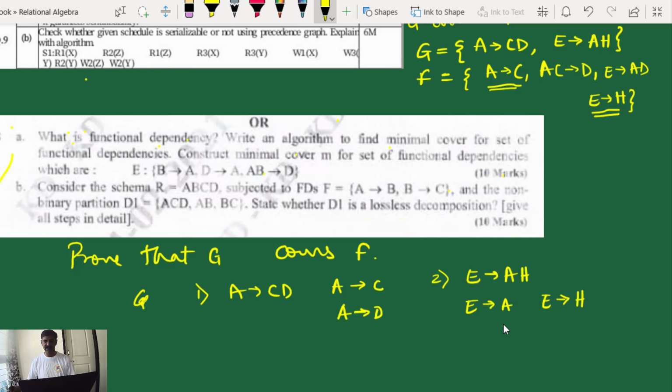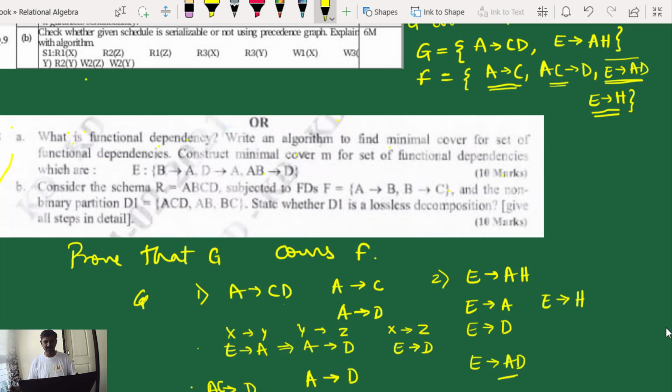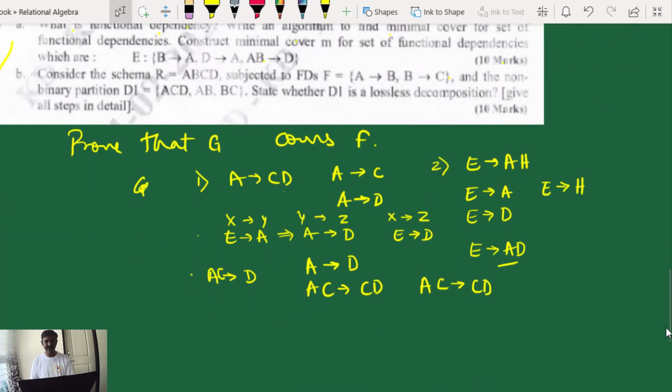Now we know that E arrow AD, and AC arrow D is what we have to prove. Okay, and add C on both sides. So we get AC arrow CD. Or AC. Yeah, we only know A arrow CD here. Adding C on both sides we get AC arrow CD.